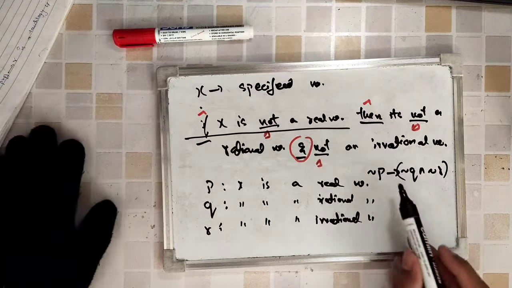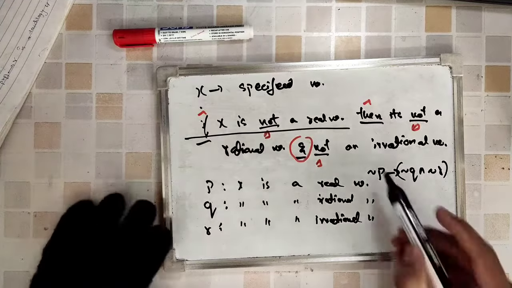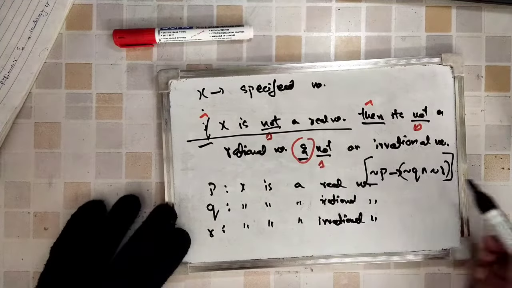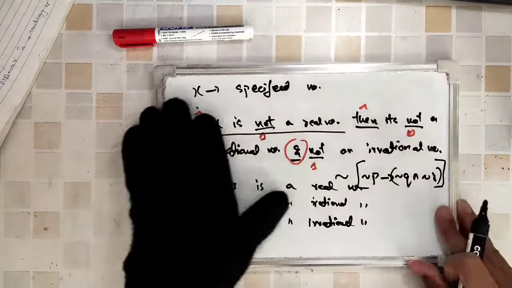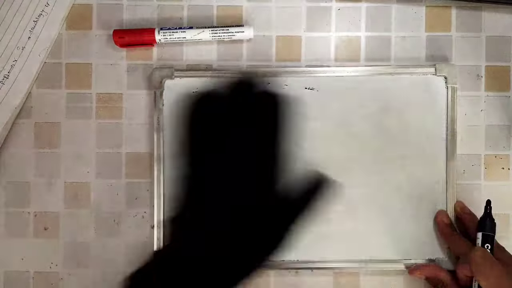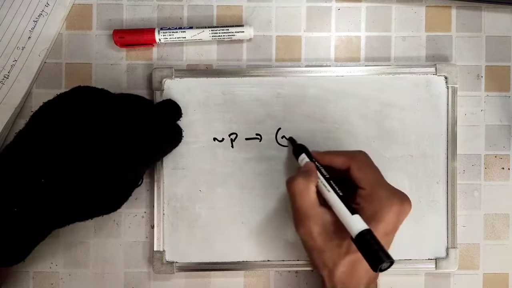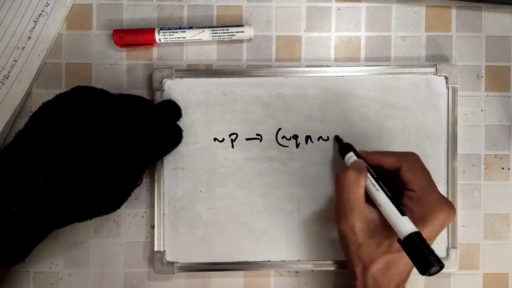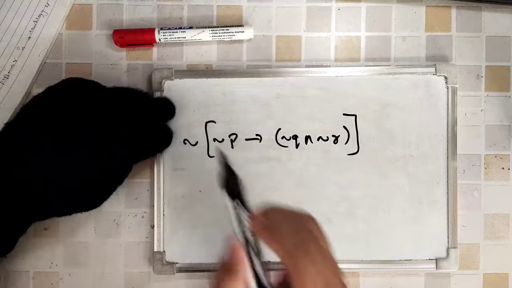Then we can write it as negation P implies (negation Q and negation R). This is the given statement, and we have to find the negation of this statement. I will just erase this whole thing since we found the statement. So it was negation P implies negation Q and negation R, and they have asked us to find the negation of this.